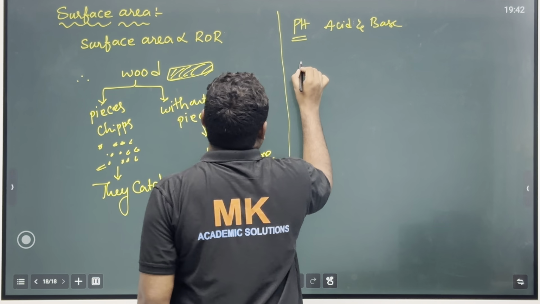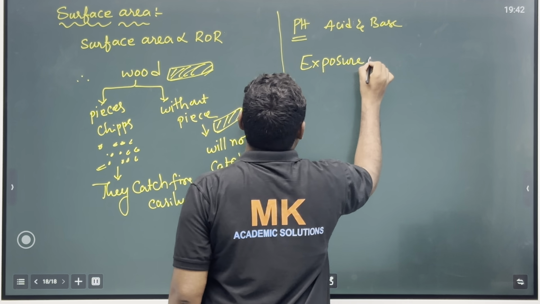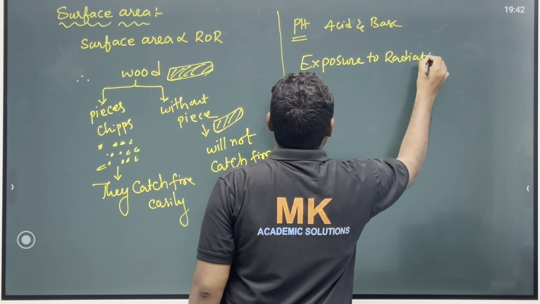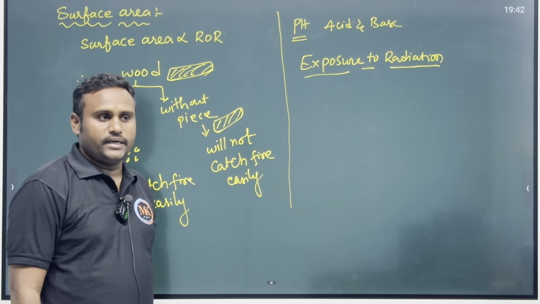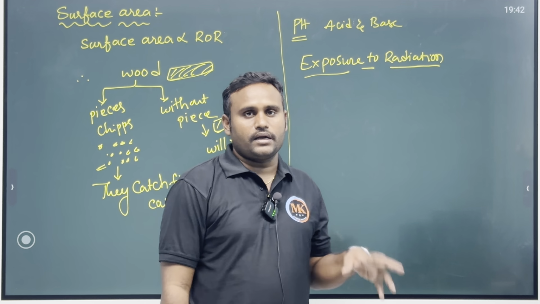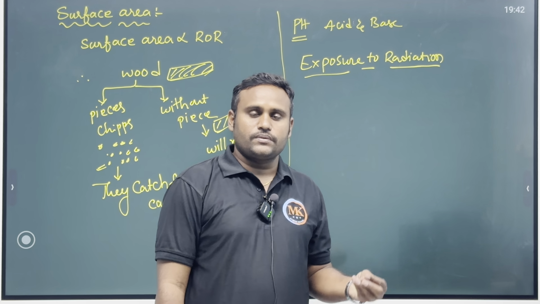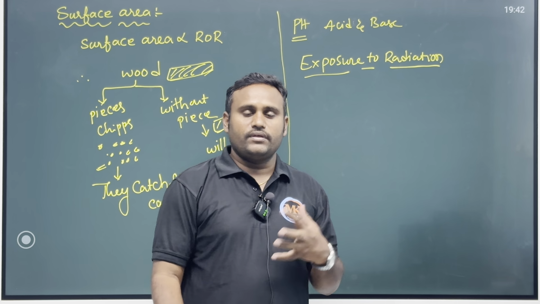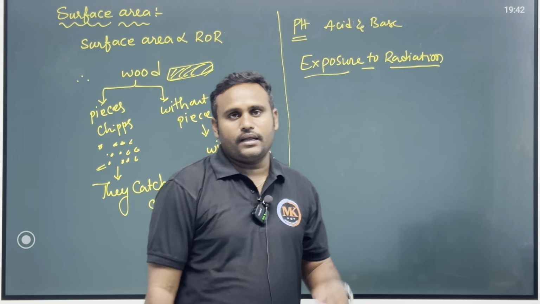The next factor is exposure to radiation. This factor is important when there is an effect of sunlight, for example the photosynthesis reaction. Photosynthesis is a light sensitive reaction. It occurs in the presence of light only. When it gets optimum light, it will give a high rate of reaction.